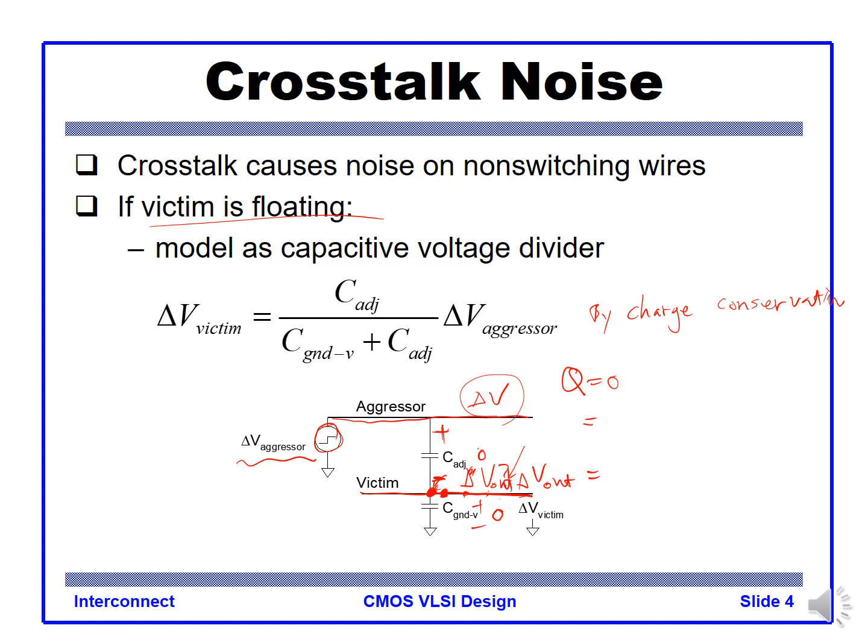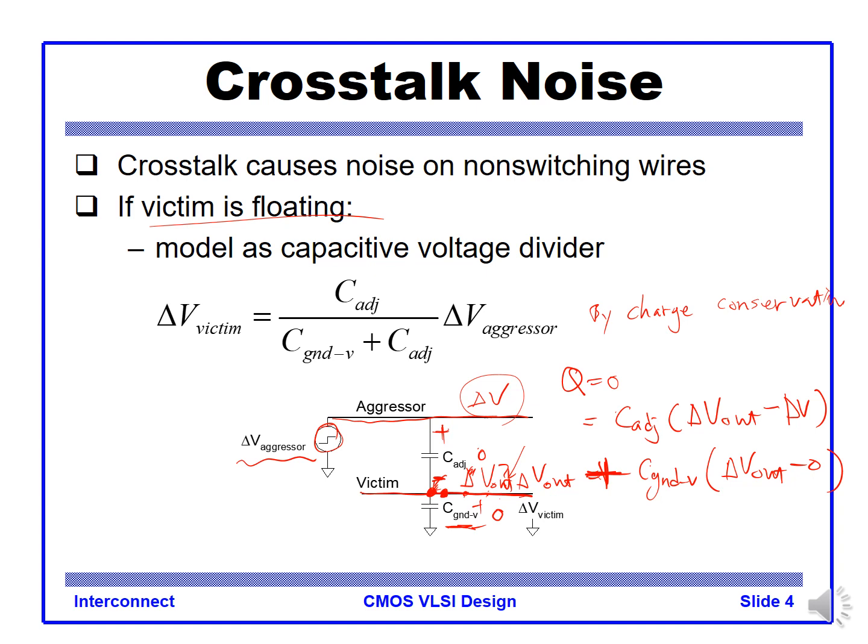The C adjacent will have a charge of delta V out minus delta V, plus CGND times delta V out minus 0, right?